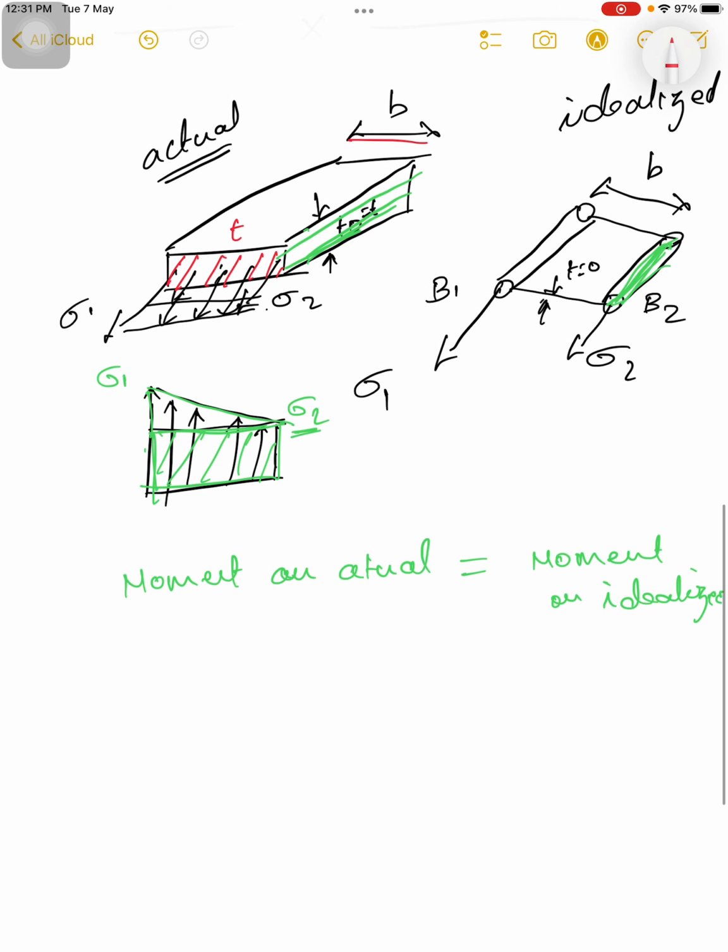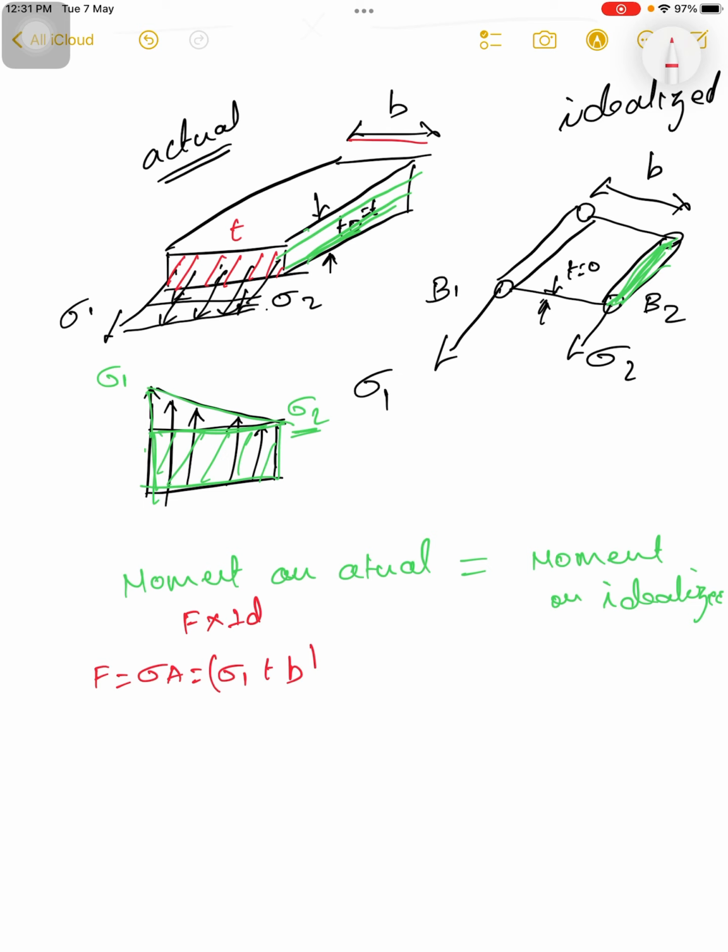Okay, so we know moment equals force into perpendicular distance, right? So here the force is sigma into A. The stress here is sigma 1, and the area is T into B, right?